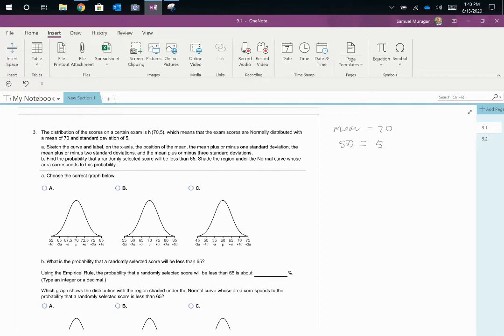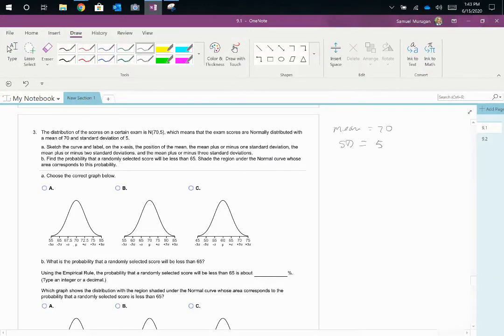So we're looking for a graph that has the mean, the middle part, as 70. We have two choices here, and both have the mean as 70. Now we're looking to see which one goes backwards by 5 and forward by 5.